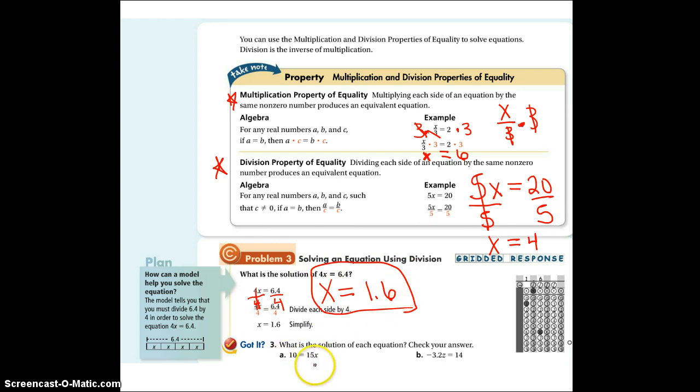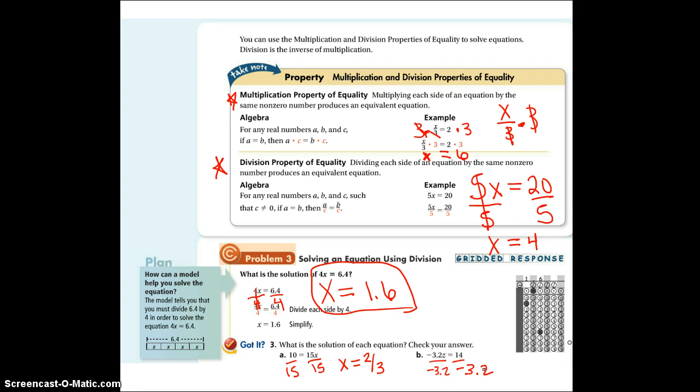So for this one, to get the x by itself, I would divide both sides by 15. And I get x equal to, if I simplify this fraction, 2/3. And then this one, I would divide both sides by negative 3.2.